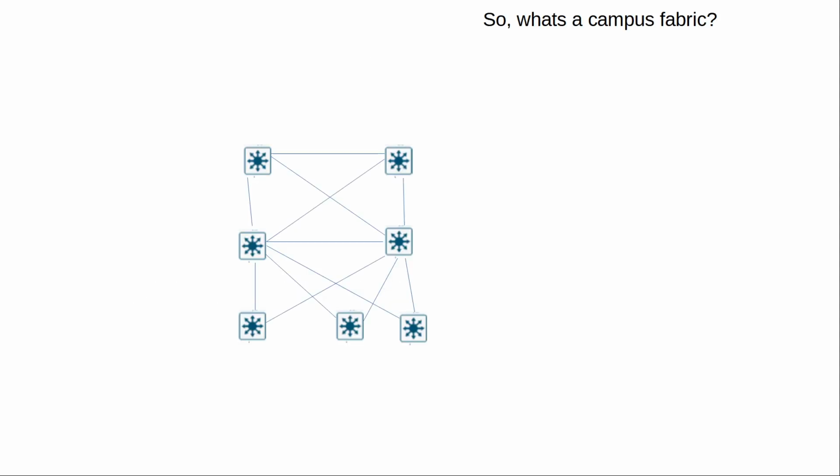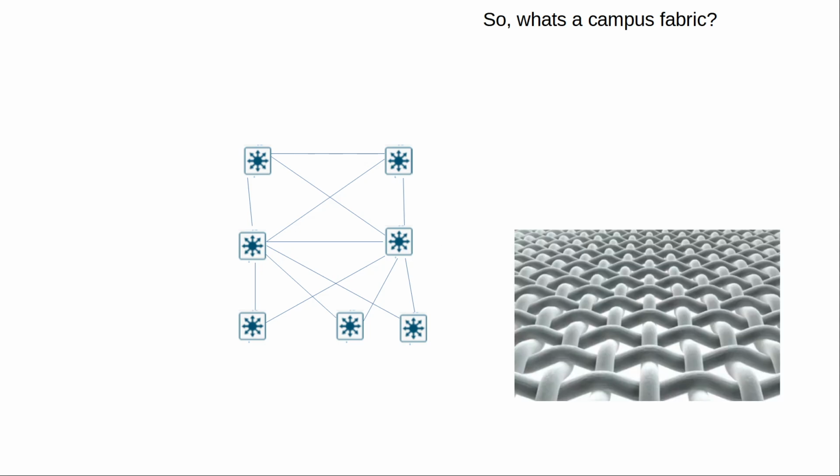So first of all, what is a campus fabric? With a campus fabric, we are going to have devices that are connected to each other in a way that resembles a fabric. This is a marketing term on one side because Cisco likes to use the term fabric for their products.